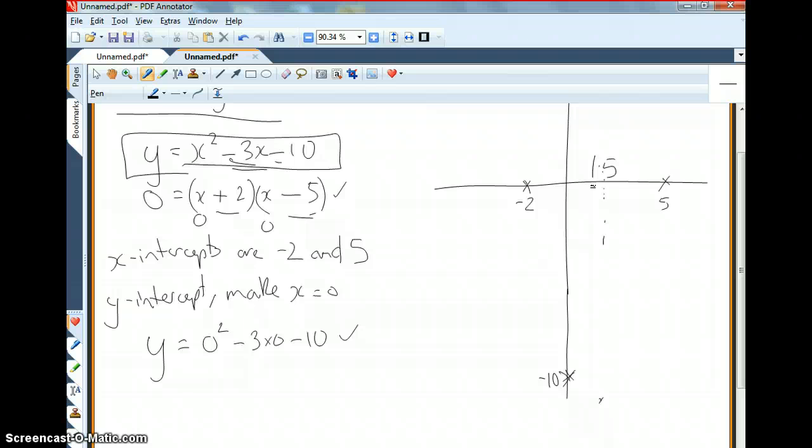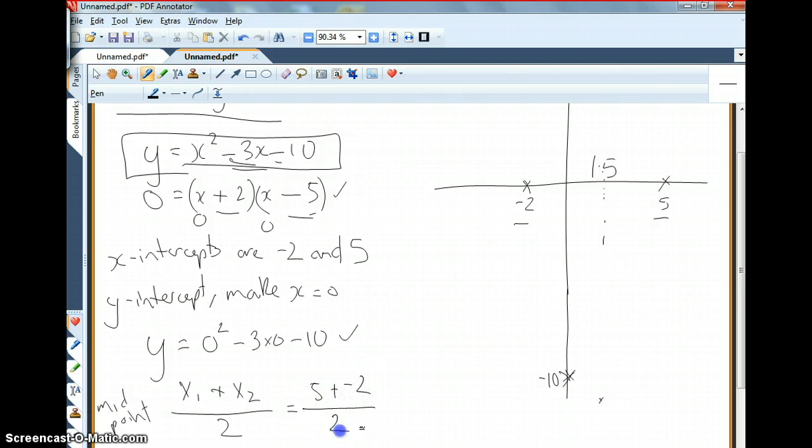You add the 5 and the minus 2 together and you divide by 2. So literally, x1 plus x2 over 2. I'll just call this the midpoint. In our case, it was 5 plus minus 2 over 2, which is 1.5.